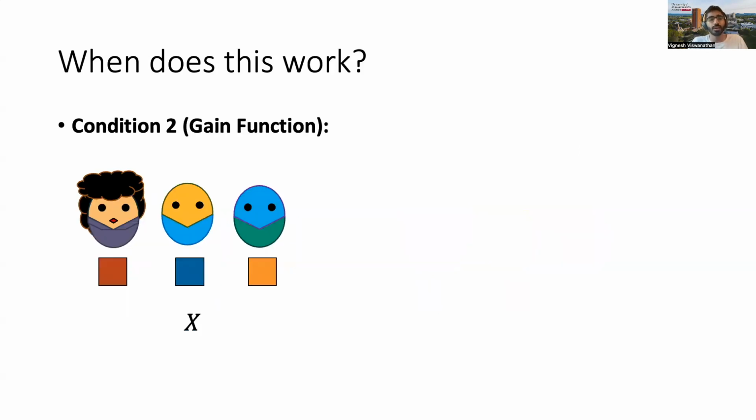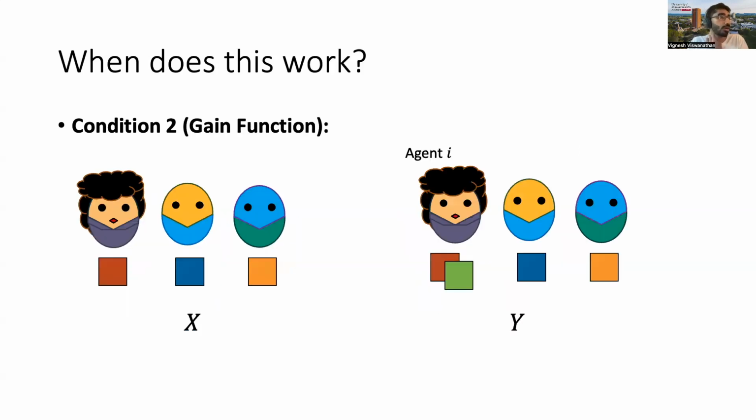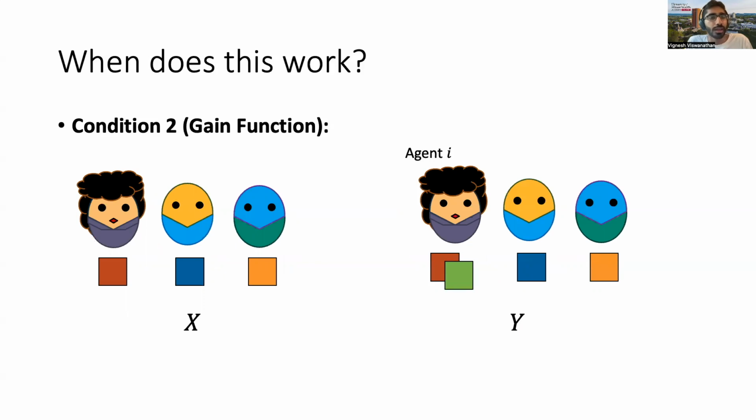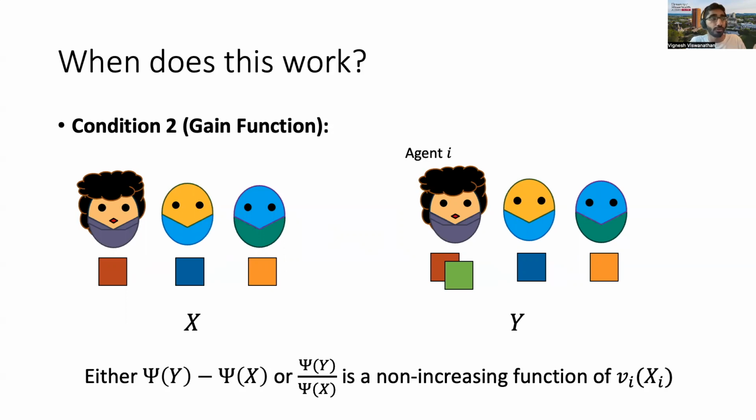The second is a little more tricky. We call it the gain function condition. Let's say you have an allocation X, and you have an allocation Y where the only difference between X and Y is that some agent i's utility differs by exactly one. That is, say the leftmost agent here is agent i. In X, they had a utility of 1. In Y, they have a utility of 2.